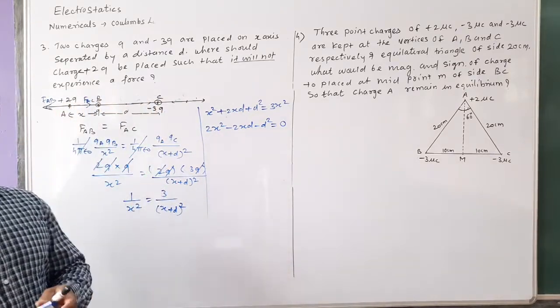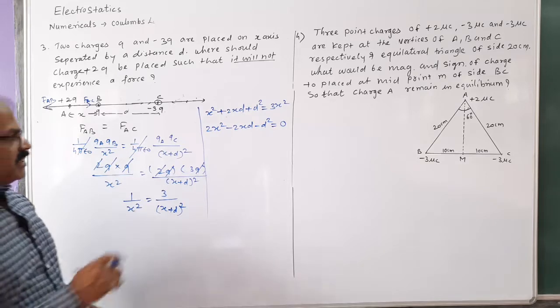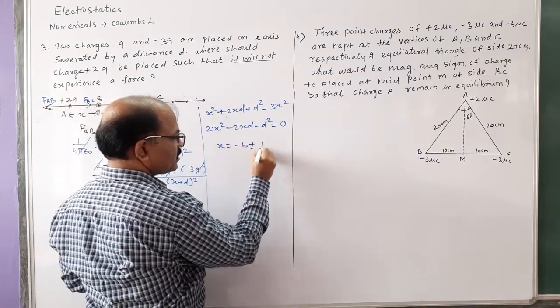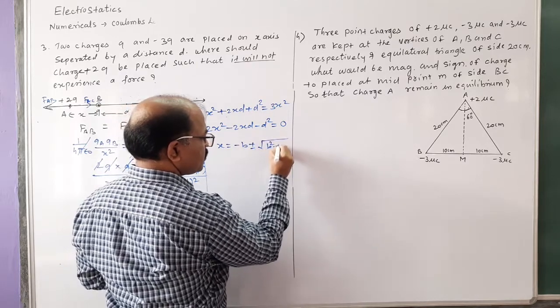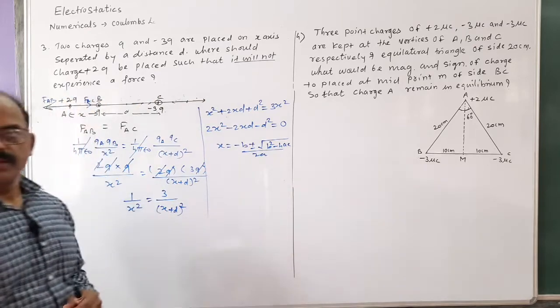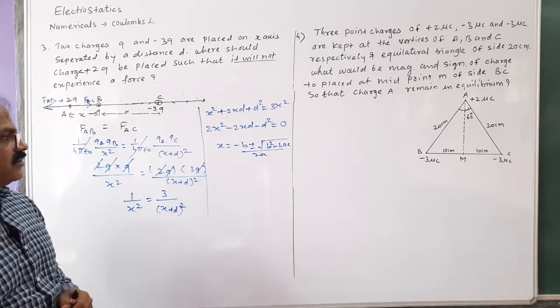We can solve this equation by using this formula, x is equal to minus b plus minus under root b square minus 4ac divided by 2a. And we can find out the values.